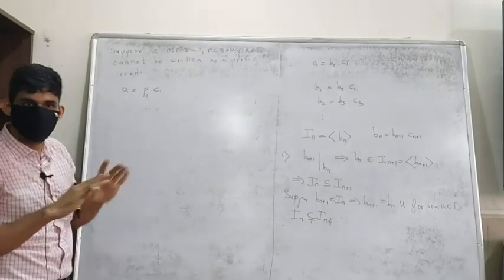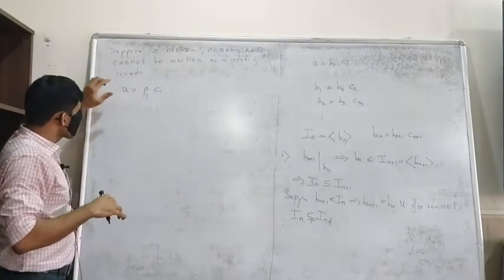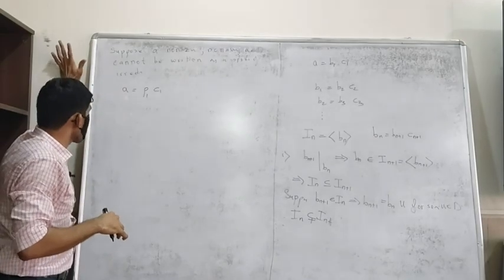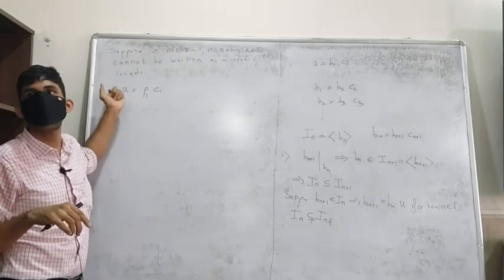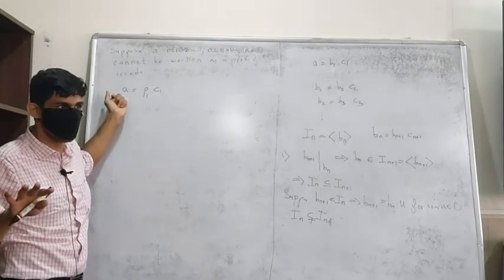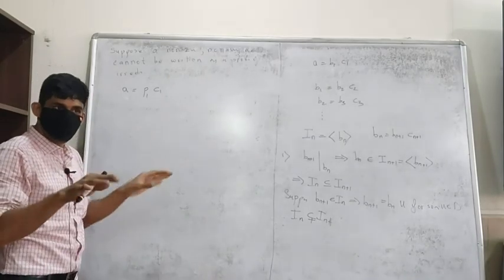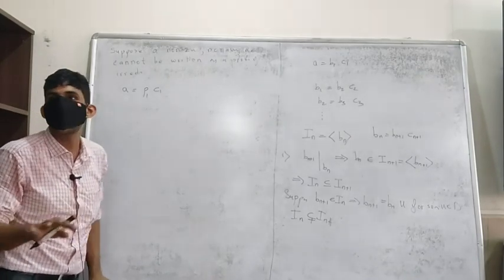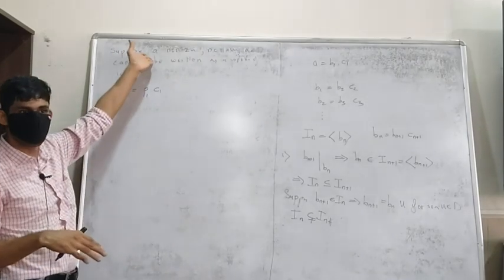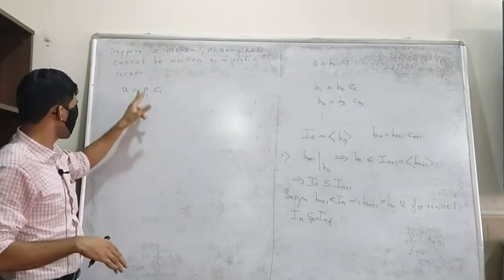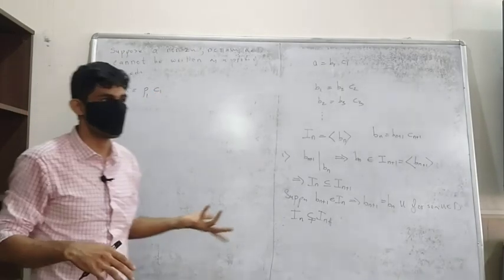If A was an irreducible, it would be this thing on its own. If C1 was a unit, it would mean that A is an irreducible, which is not true. So therefore C1 is not a unit. Also C1 is not an irreducible. Why? Because A cannot be written as a product of irreducibles, right? If C1 was an irreducible, then you are writing A as a product of irreducibles. So you can't do that.